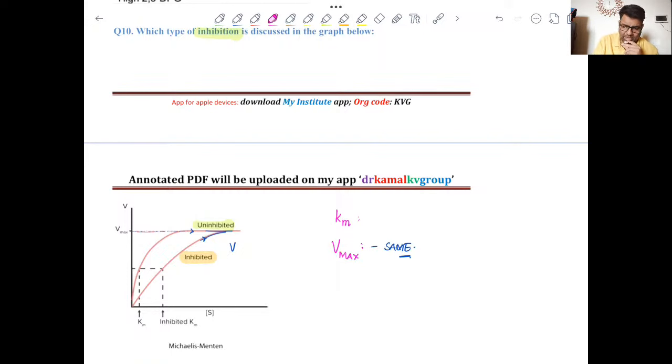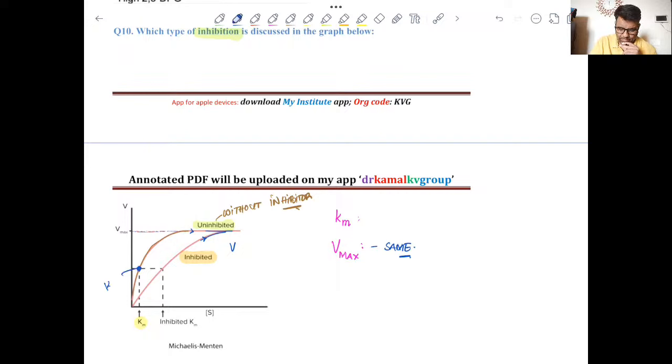Now let us take the another entity, and that is Km. Okay, so let us take Km. Now Km, when there is no inhibition, this curve is about without inhibitor. Okay, so enzyme and substrate react and form the products. At this point in this graph, you can see the Km is here, right?